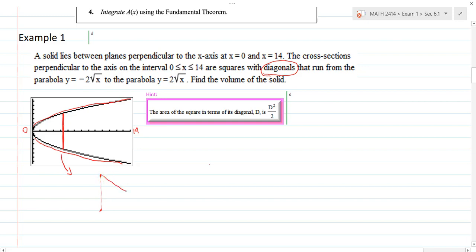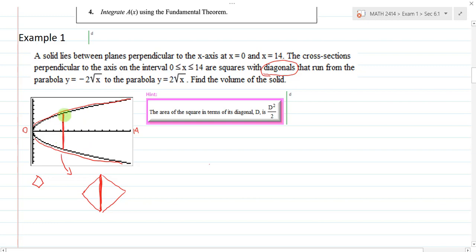So we have a shape that looks like this, where this line right here represents the length of this diagonal. Now I did give you a hint. It says the area of a square in terms of its diagonal is found by taking d squared over 2. These diagonal cross sections are going to start out really, really small down here. I'd have a square like this at this end, and over here at the big end I would have the bigger square. So you see what's going on?